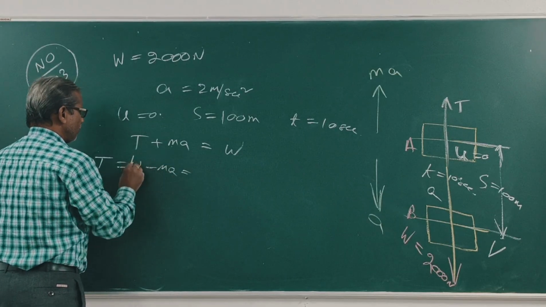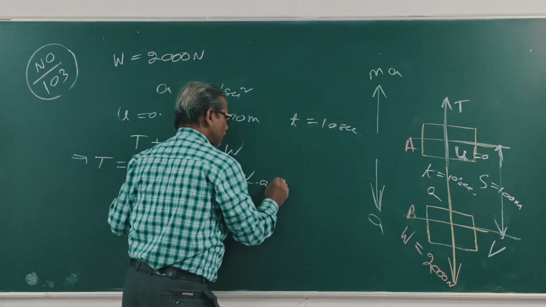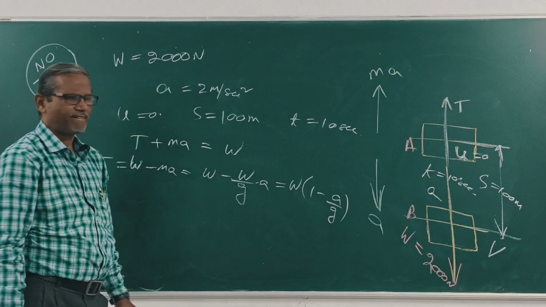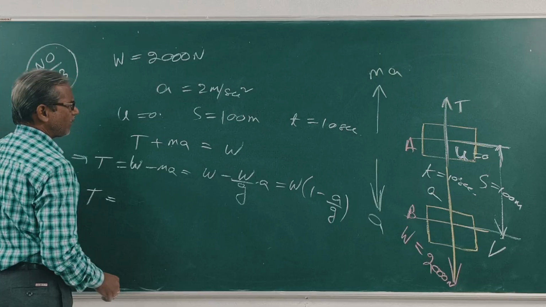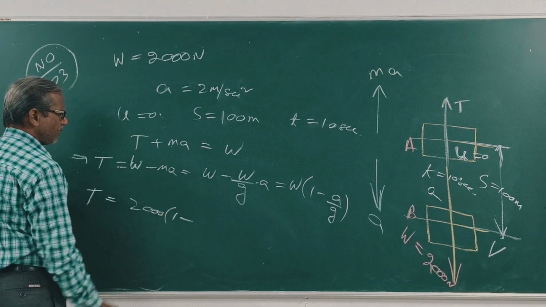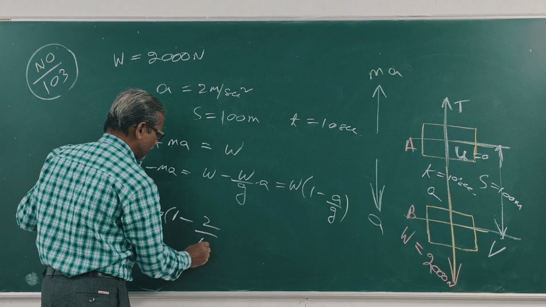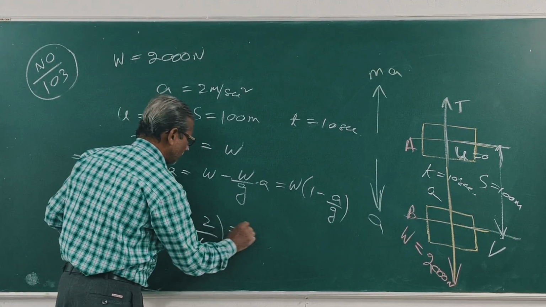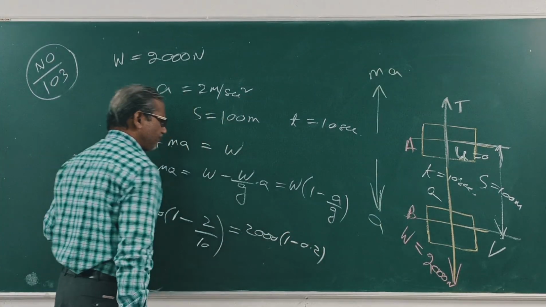W is mg, so T is equal to W into 1 minus A by G. T is equal to 2000 into 1 minus A by G. What is A? 2 by 10. So 2000 into 1 minus 0.2, that is 0.8.